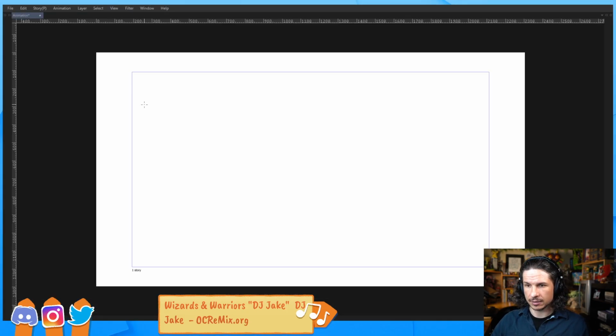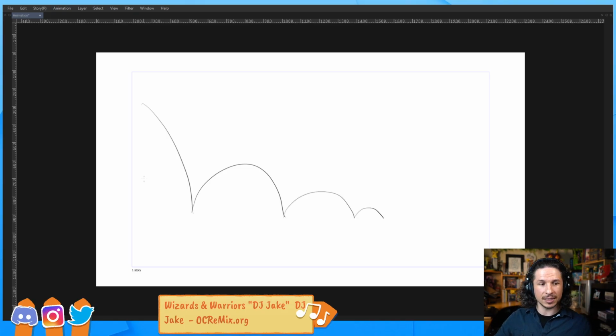And this I'll just do here. So we've got bounce. And this is where Cameron, every time he draws a bouncing ball, his arcs are perfect when he draws them. Mine are all wibbly wobbly. So you've got a ball coming through, hitting the ground, up, hitting the ground. Okay, etc., etc. We get it. So what are some of the things that we have to pay attention to in a bouncing ball?